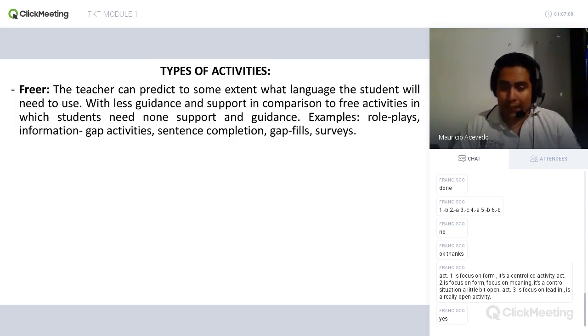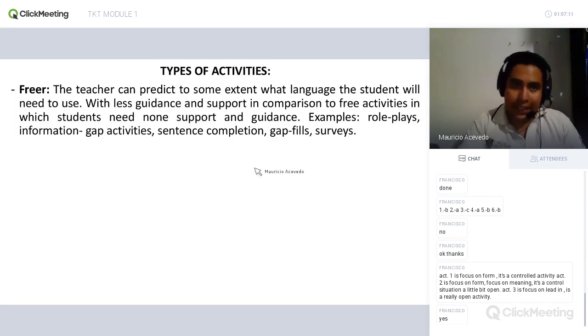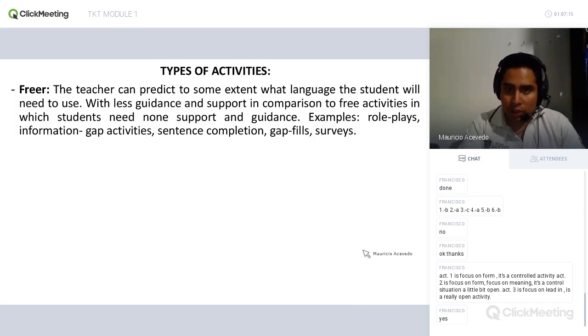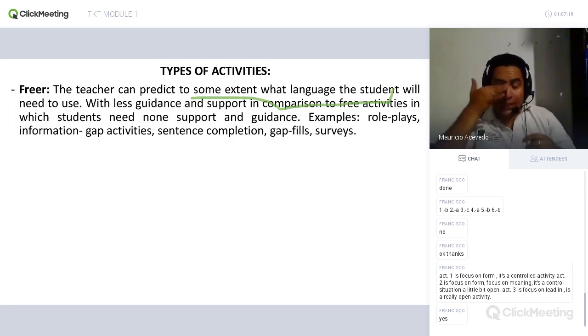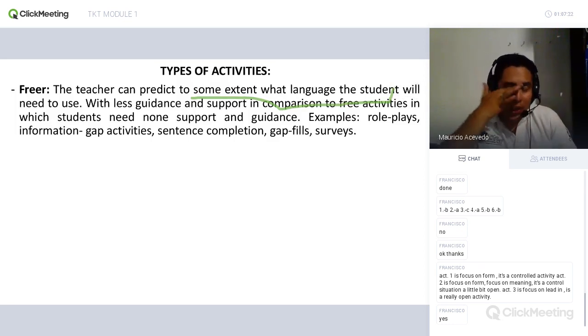So, as you can see, because we're talking about recommendations, we can predict, we can guess what students might use, to some extent, what the students will need to use. In this case, for example, modals of suggestion: should, ought to, had better.